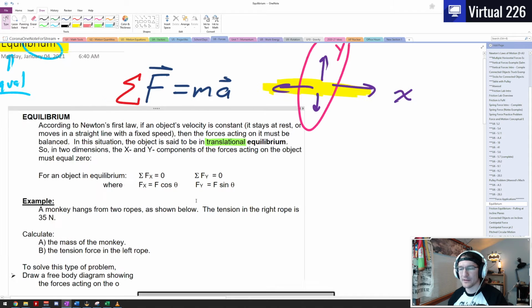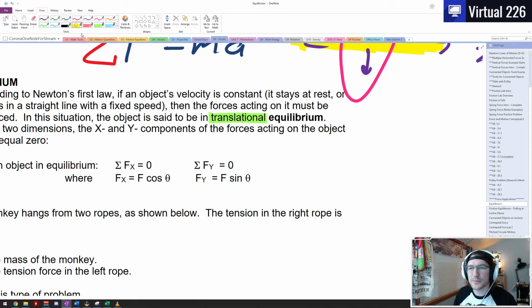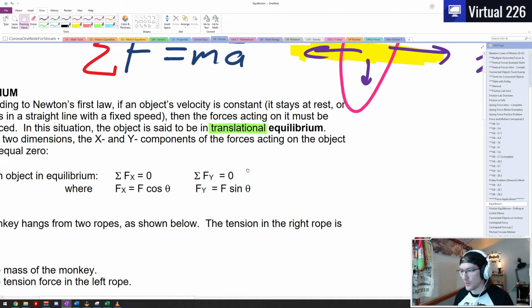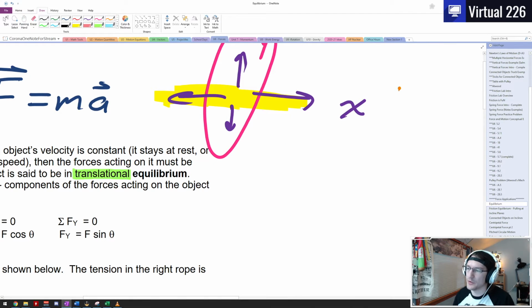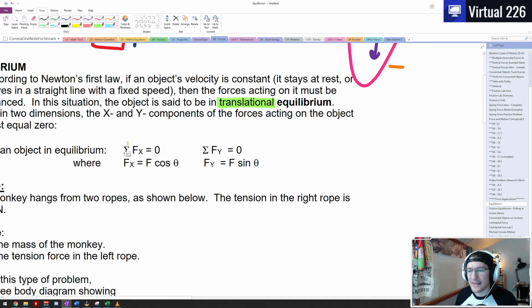If we add them together, with going to the right as positive and left as negative, and up as positive and down as negative, then the sum of the forces will add up to 0 in both the x direction and the y direction. So we're adding forces up in the x direction and in the y direction, left, right, and then up, down, and setting them equal to 0.